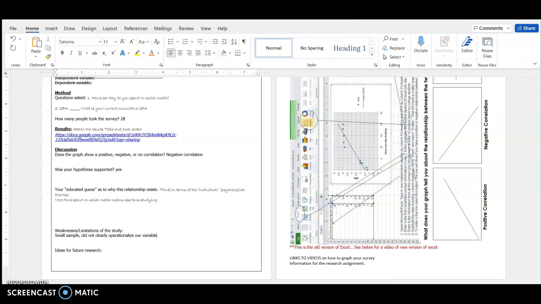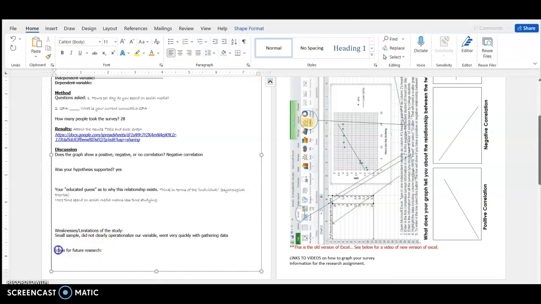So in reality, we would very clearly say what counts as social media. All right. We didn't really operationalize, did we? And we went very quickly, right, with gathering the data. So that might have affected people when they were trying to come up with their answers.